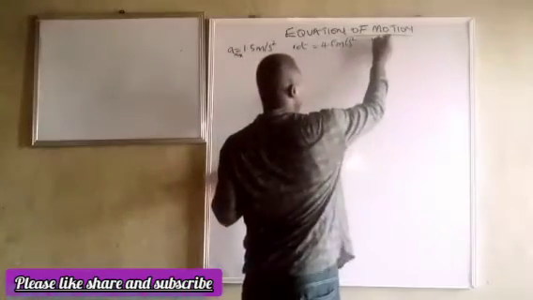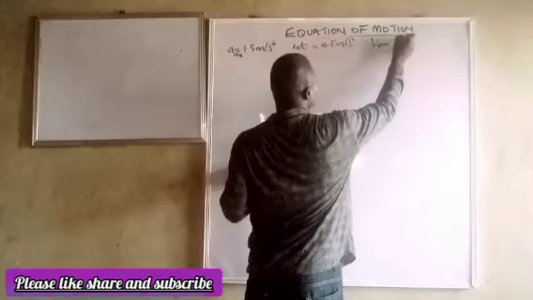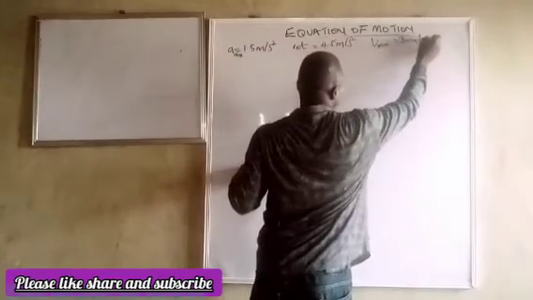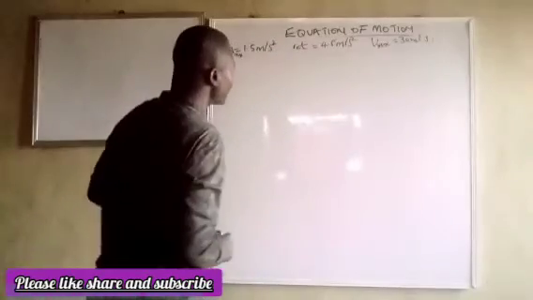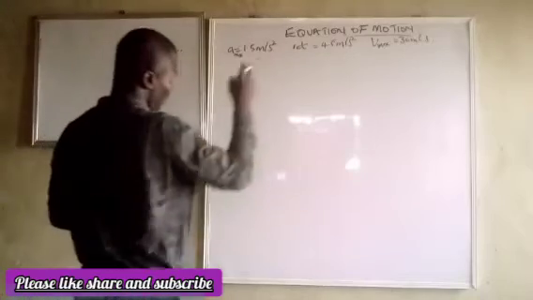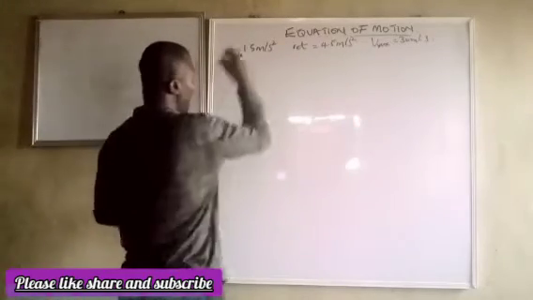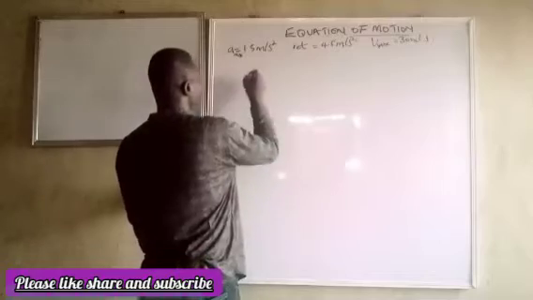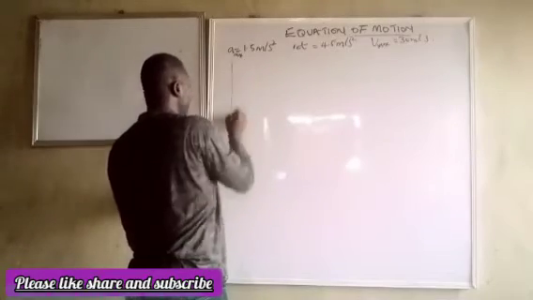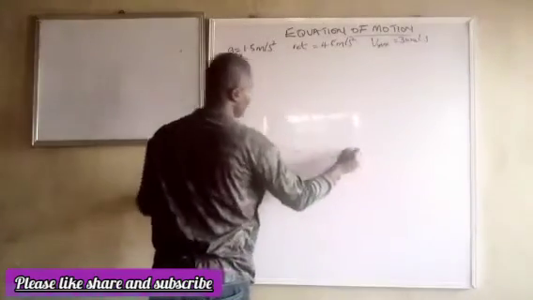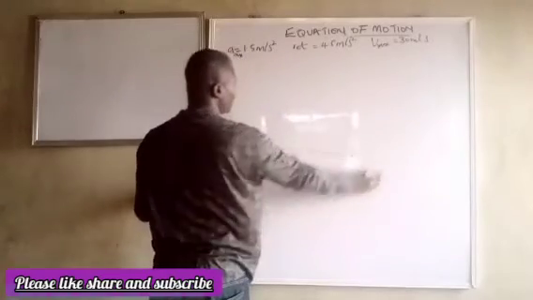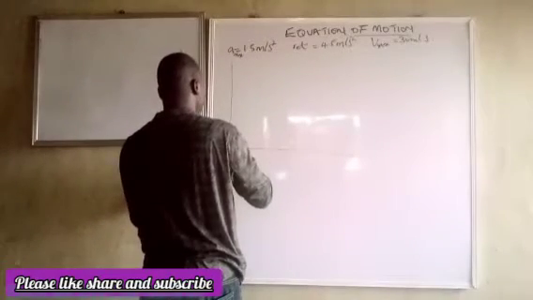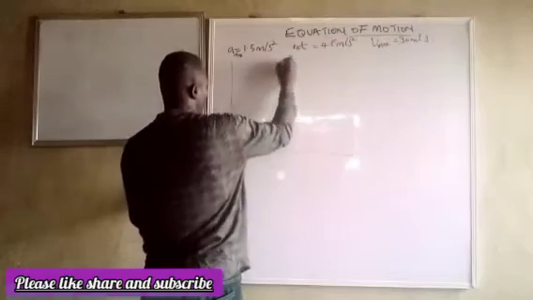I was told that the Vmax is 30 meters per second. Now let's see, assuming it travels from rest to 30 meters per second and decelerates, what will be the total distance traveled? If it is going to be more than 300 meters or less than 300 meters, and from there we know how to tackle it.